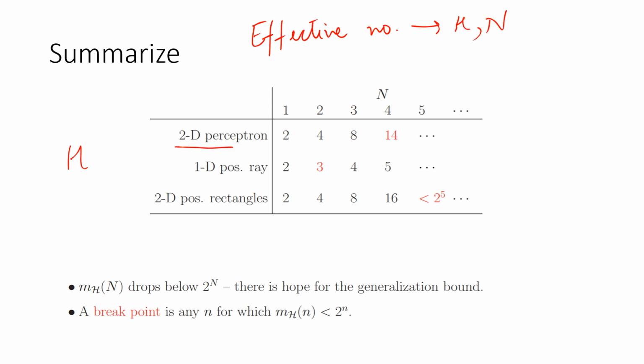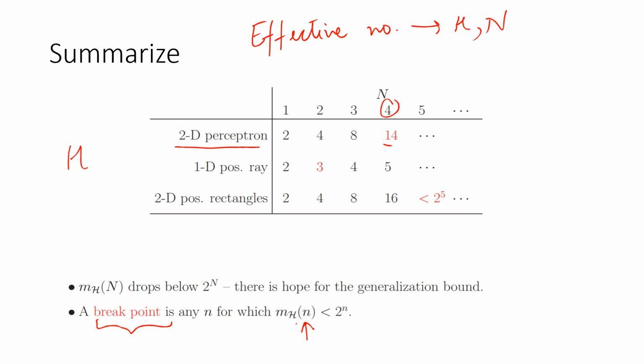So in this 2-dimensional perceptron, we saw that as n increased, at 4 we found out that there were two situations which could not be implemented. So my hypothesis was set to break at that n, and that n is now termed a breakpoint. This is known as a breakpoint. So for any n, if I have m sub h of n which is strictly less than 2 to the n, then I know that my hypothesis has been broken at n.